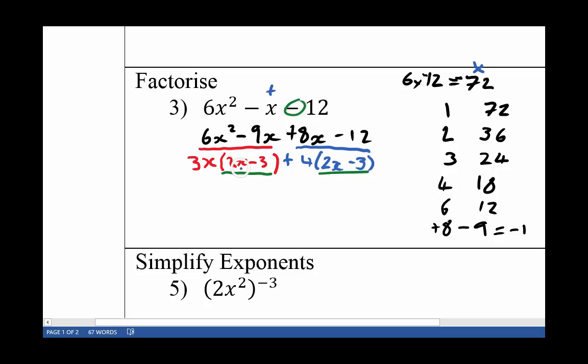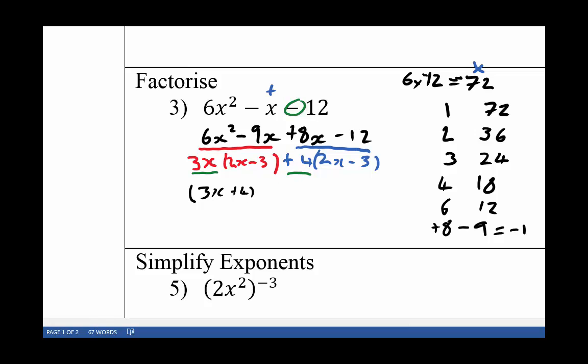So now, last step. Last step is, I'll use green for this, so this one here and this one here make up one of the brackets, 3x plus 4.